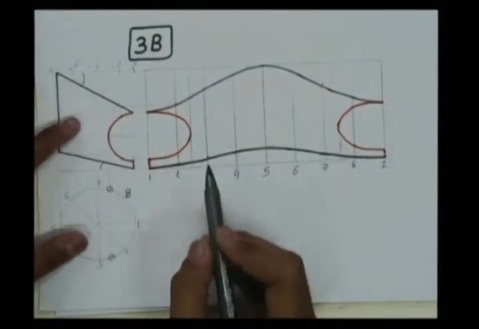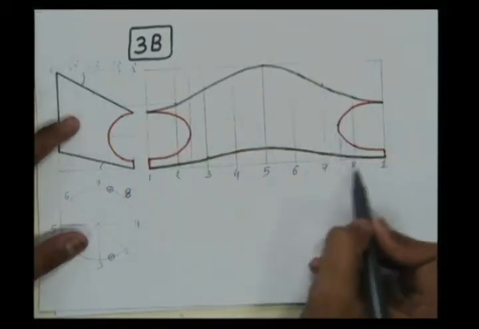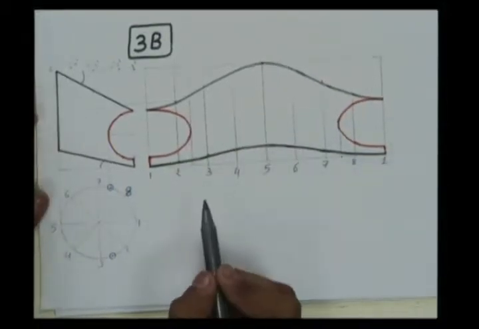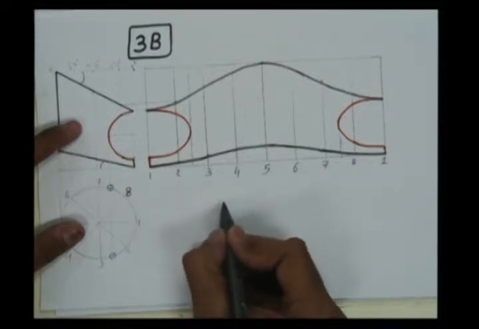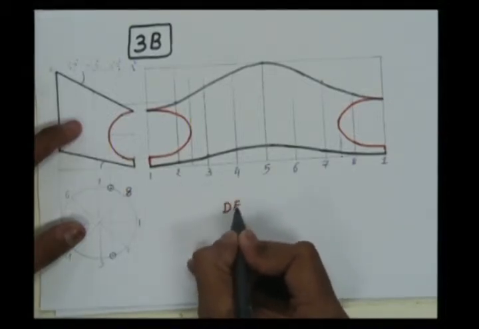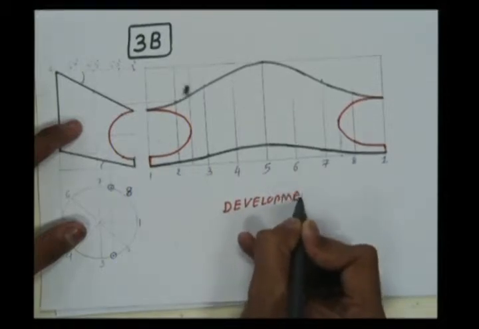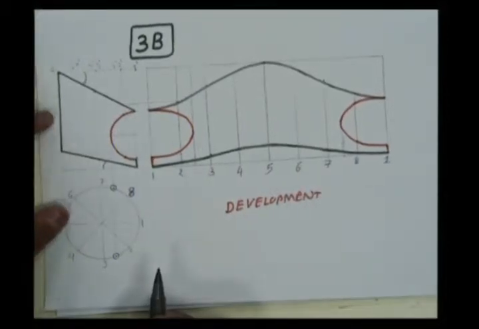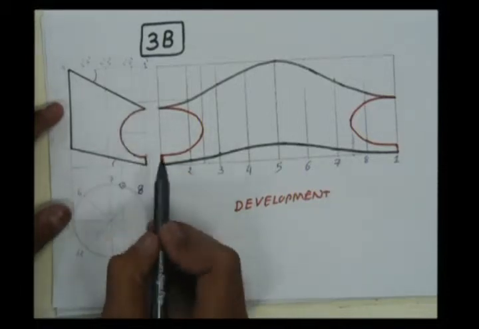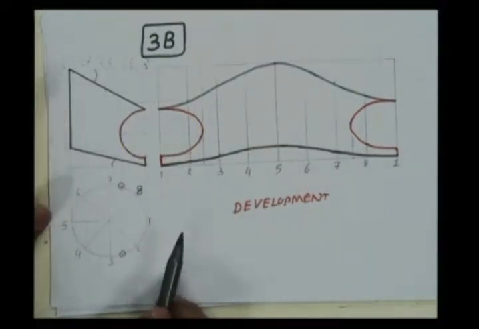In this example, this portion covered by this is the solution of the problem. You can write here, this is the development of the given cylinder. If the cylinder is cut like this, this would be its development.